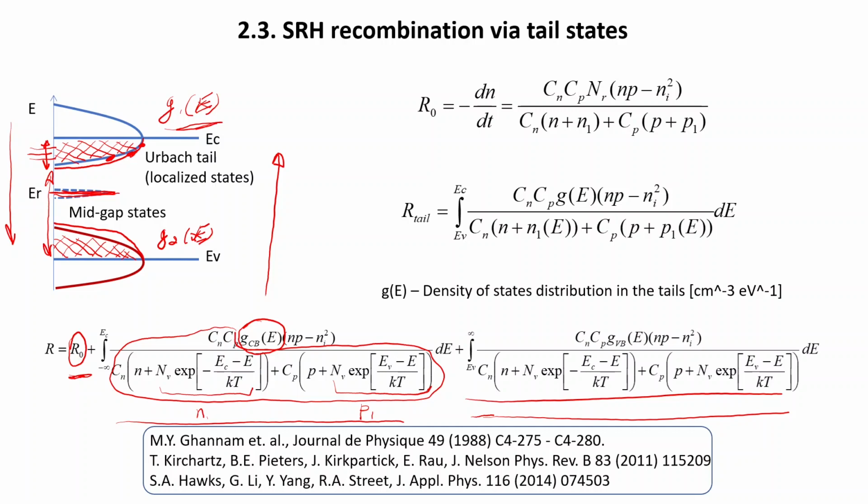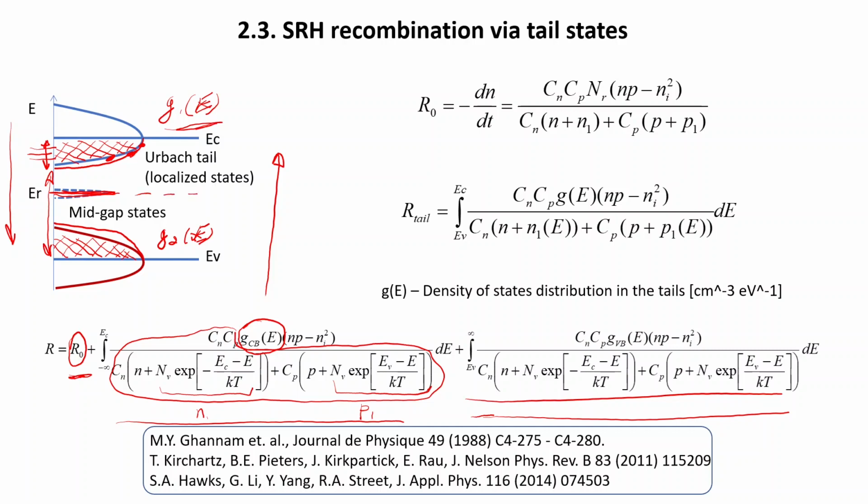Now, as you remember, I specifically highlighted, focus your attention, on the fact that the most efficient recombination center will be the one which has an energy level close to the middle of the band gap. So somewhere here.